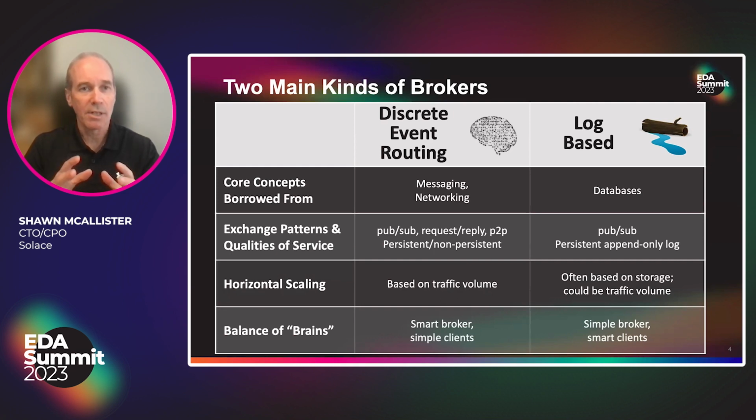As I explain the architectures and the values of each of these types of brokers, we look at the characteristics on the left. If we start with the genesis of where some of these brokers came from, for discrete event routing, some of these brokers have come from a more legacy messaging environment and have matured to become event brokers.